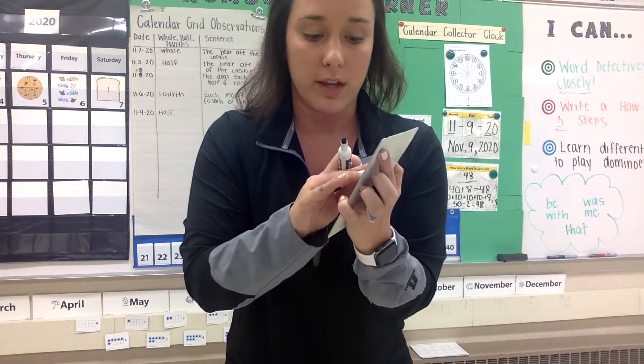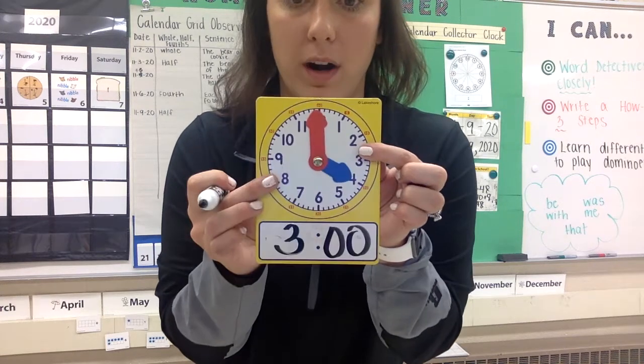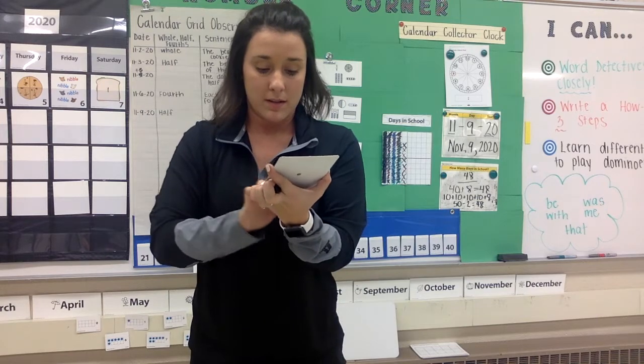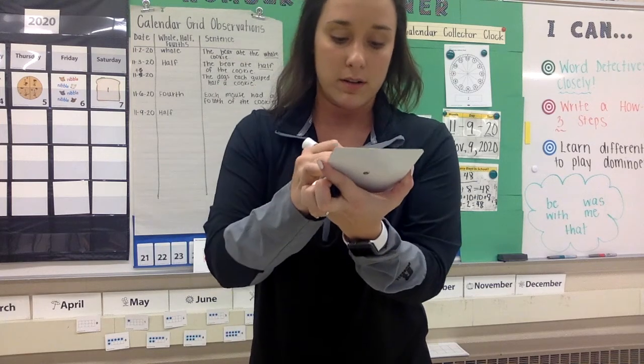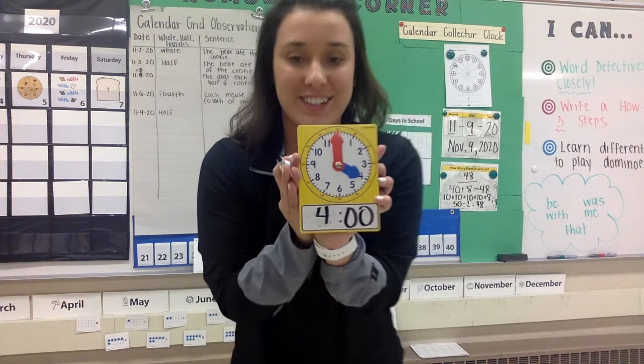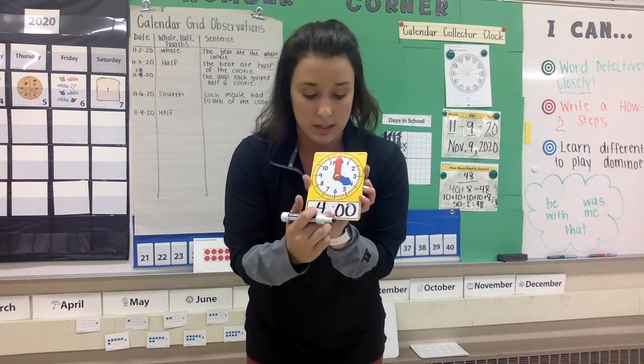What if we move the little hand to the 4? I want you to do that. Move the little hand to the 4. Our big hand stays the same. What time would that be? If you have your expo marker, you can write it down. It would be 4 o'clock. Good job. Remember, if it's at the 12, it's always the top of the hour, so it's 00.